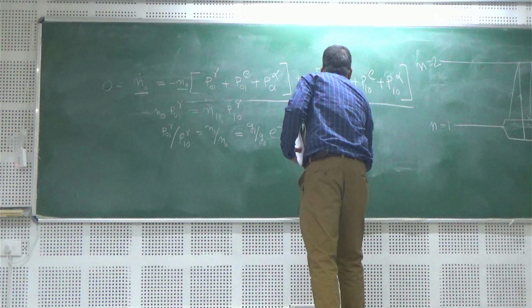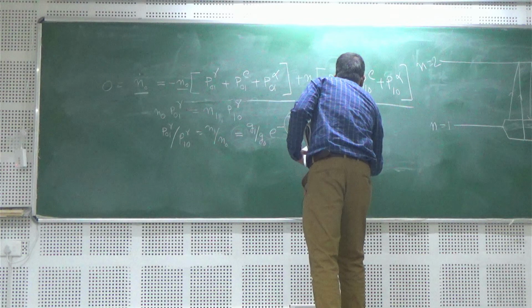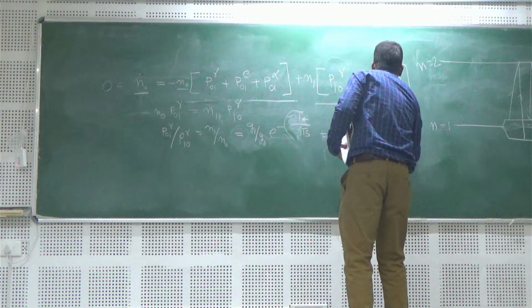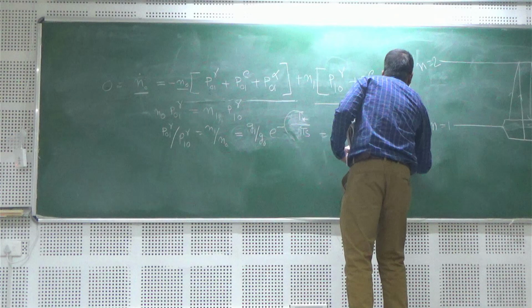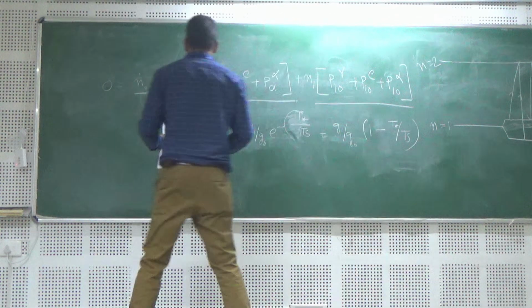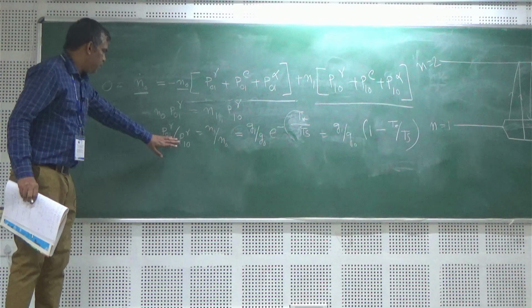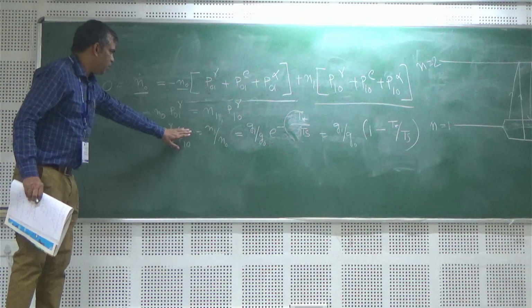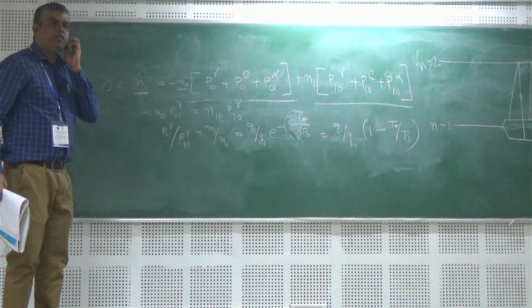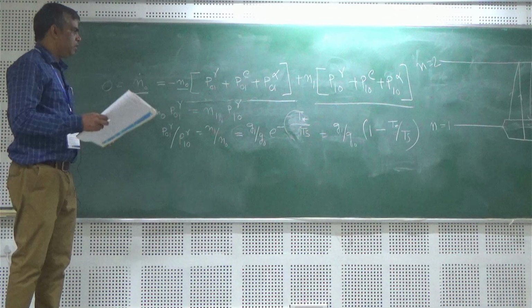That is G1 by G0 times 1 minus T star by Ts. So essentially P01 gamma by P10 gamma is G1 by G0 times 1 minus T star by Ts.